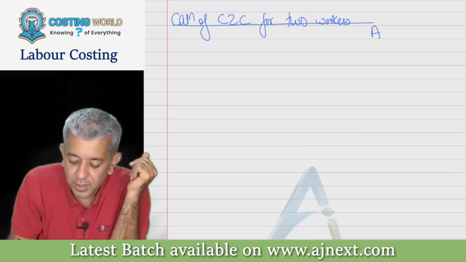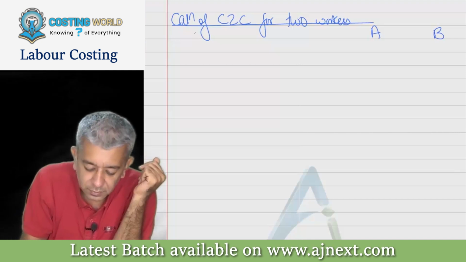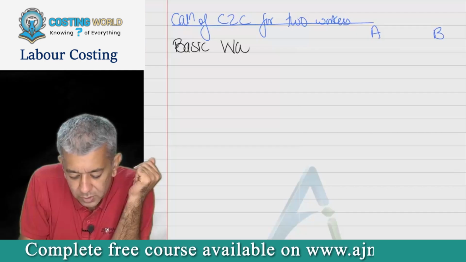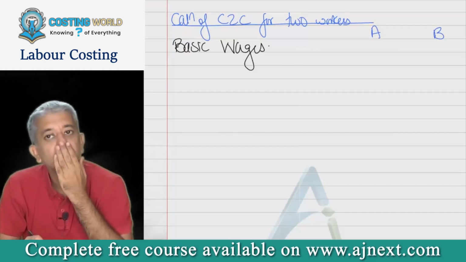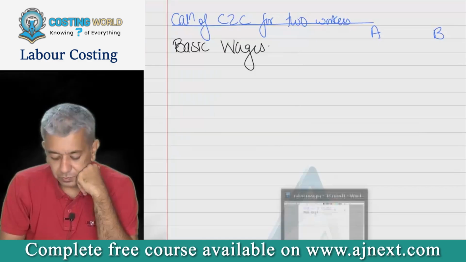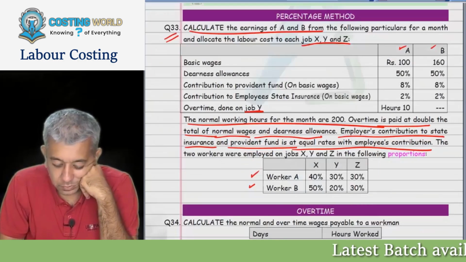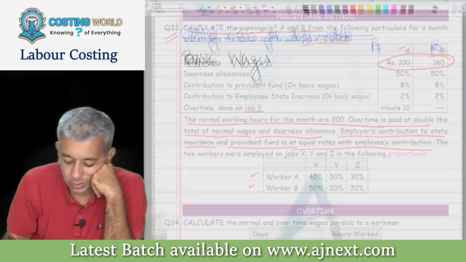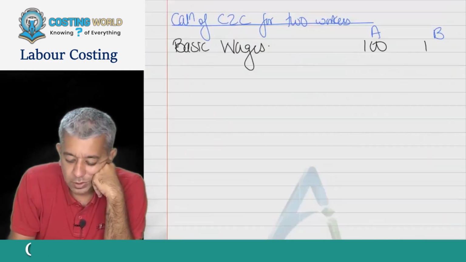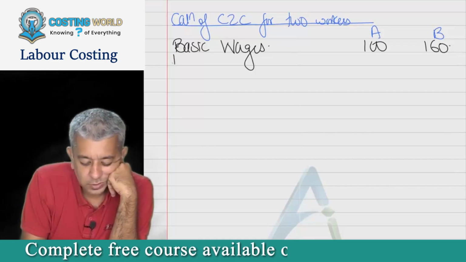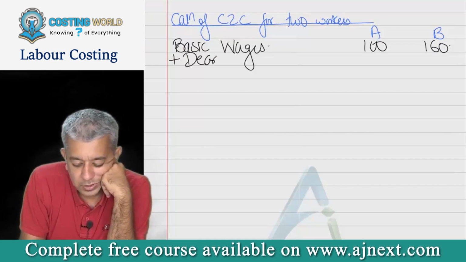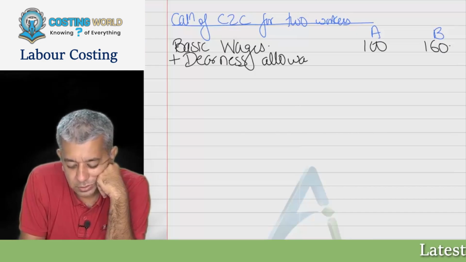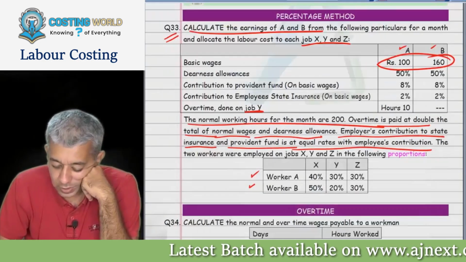You have worker A, you have worker B. Basic wages. Now, basic wages are 100 and 160, so write down over here 100 and over here 160. Plus dearness allowance.